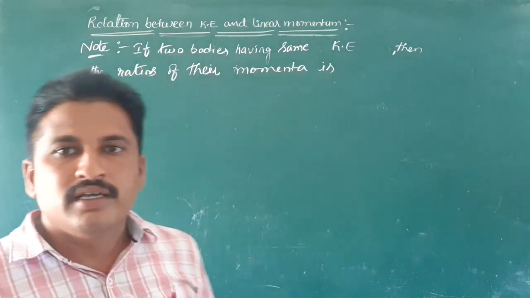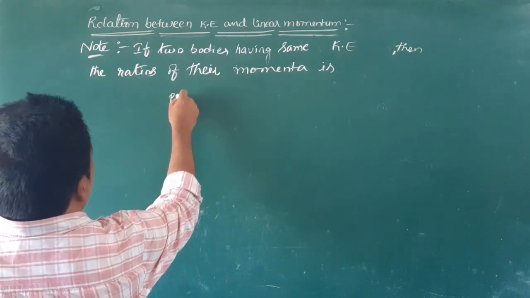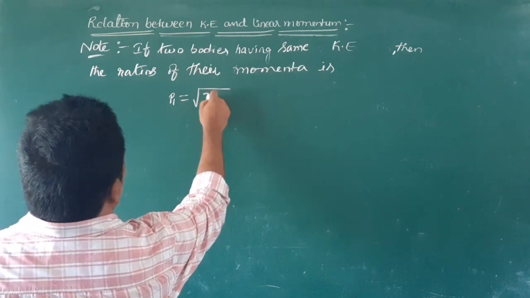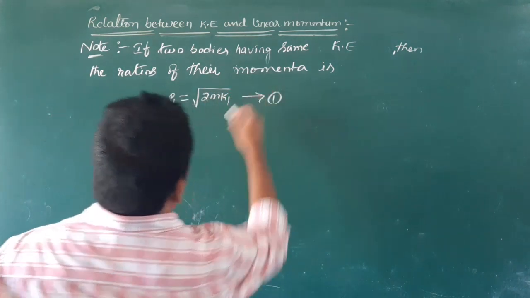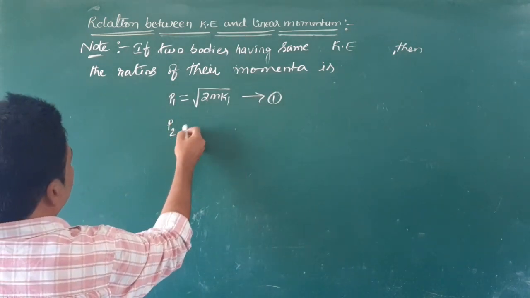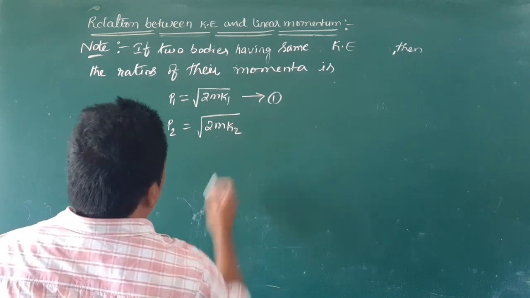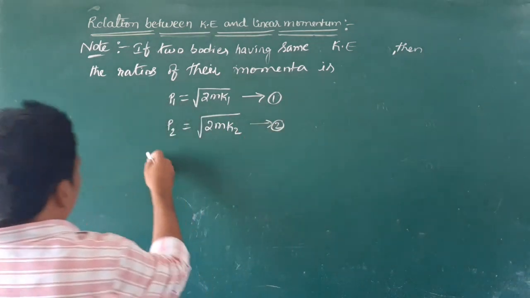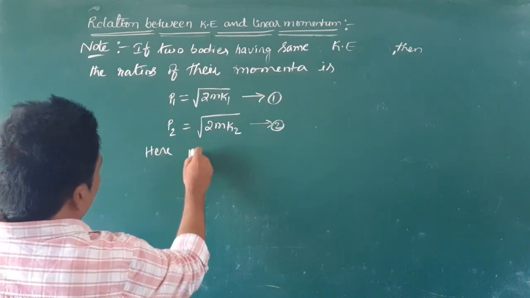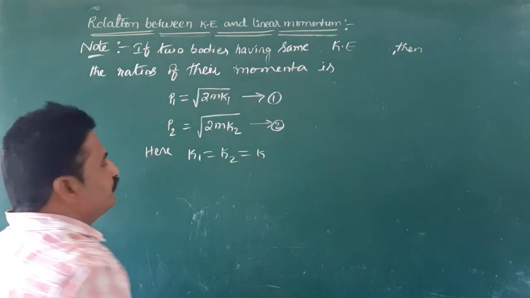Here, taking momentum as the subject, we can write the equations. p1 is equal to square root of 2m1 K1. This is equation number 1. And p2 is equal to root of 2m2 K2. This is equation number 2. Here, the kinetic energies of the two bodies are equal.